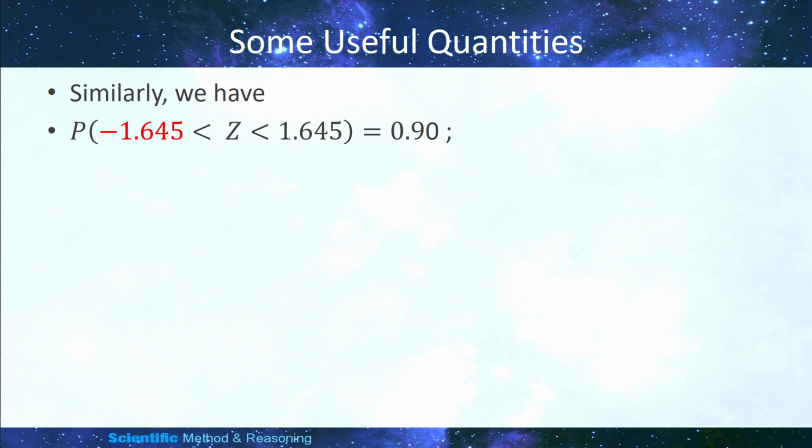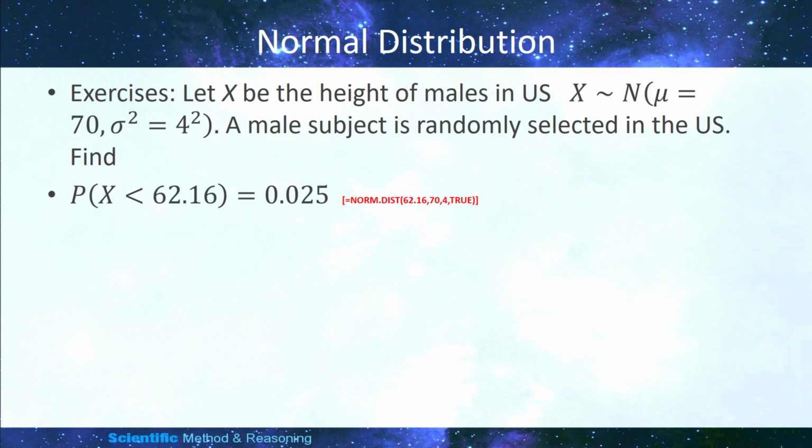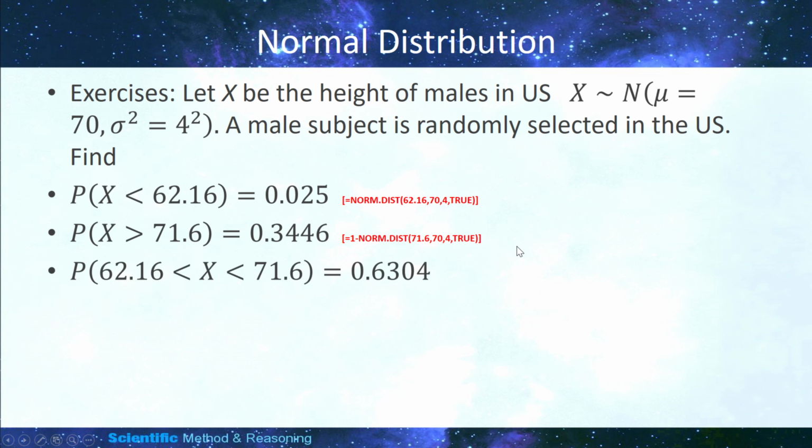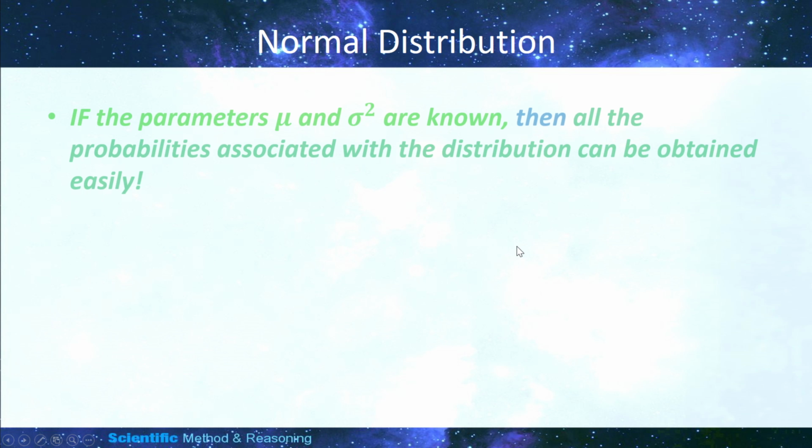If you go back to the earlier Excel demonstration, if the mean and variance are known, we can input the mean and the variance. Then all the probabilities associated with this distribution can be obtained easily using Excel or by other means.